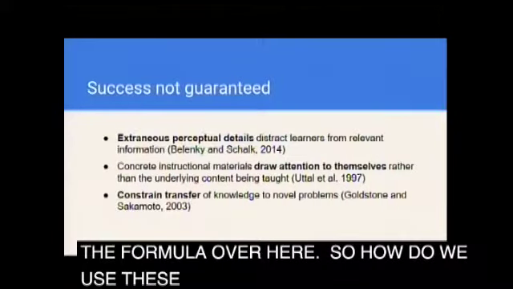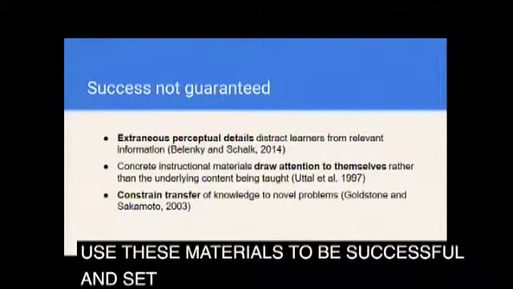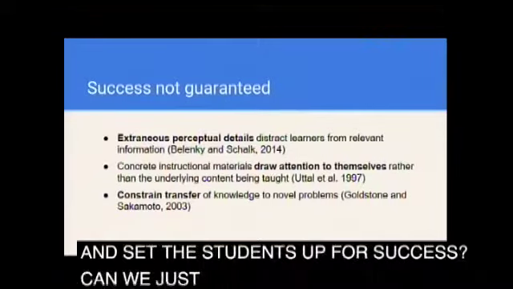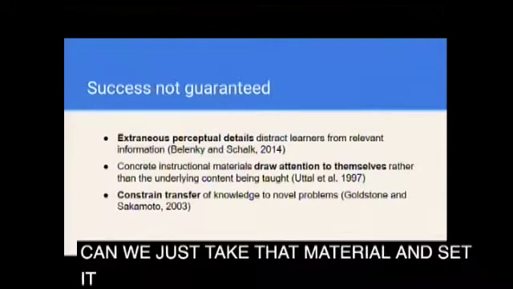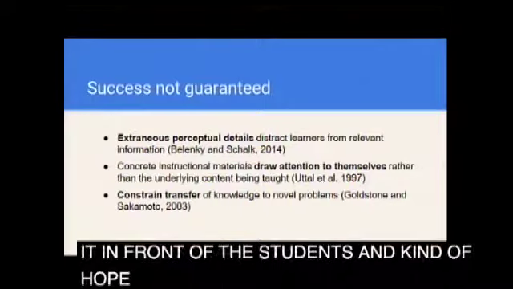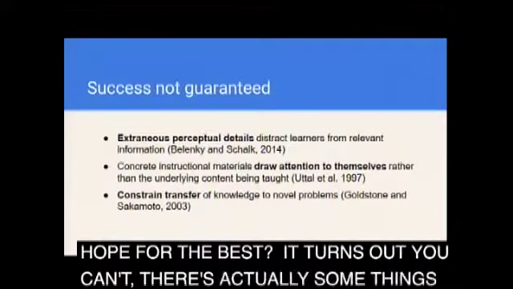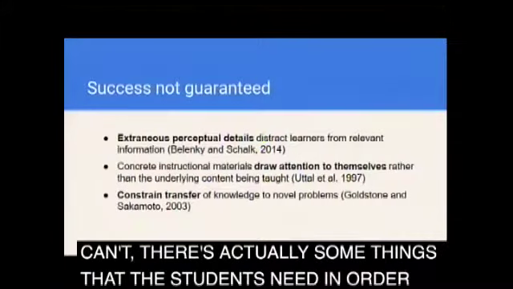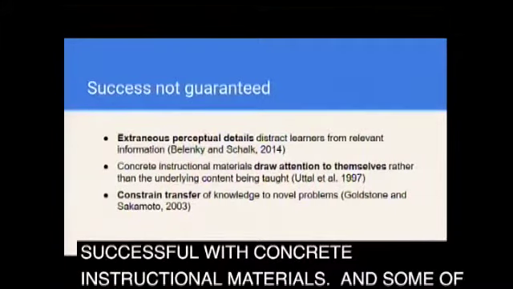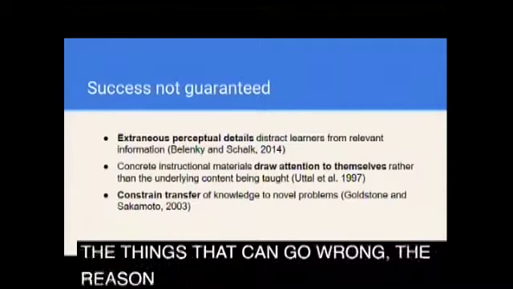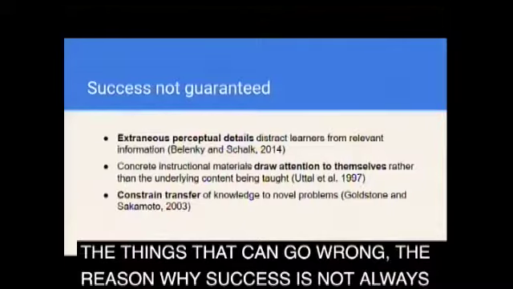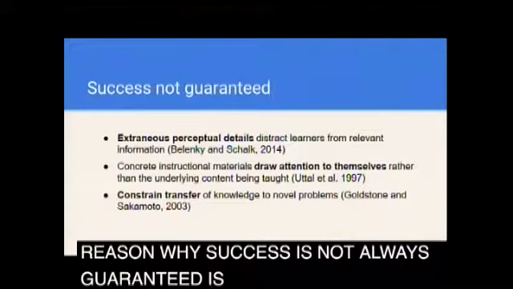Right? Can we just take that material and set it in front of the students and hope for the best? It turns out you can't. There are some things that the students need in order to be successful with concrete instructional materials. And some of the things that can go wrong, the reason why success is not always guaranteed, is sometimes there are extraneous perceptual details that get in the way, that serve as a barrier to learning.